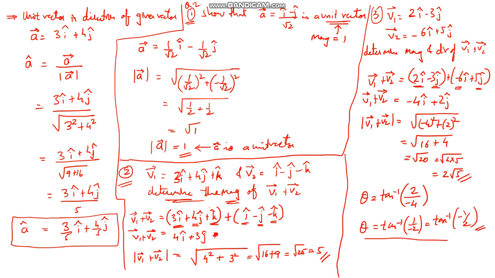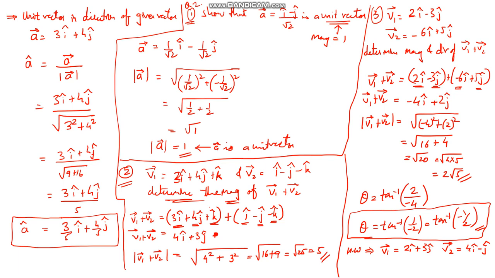Okay, so I hope you all understood this, and based on this let me give you all a homework. Let us say you have vector v1 which is 2i plus 3j, and there is v2 which is 4i minus j.